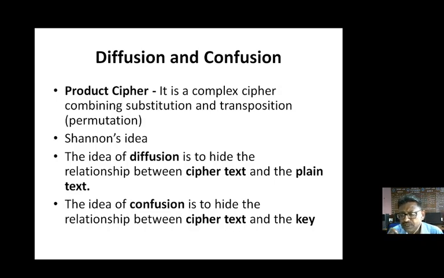Meaning thereby, if there is a change in one key bit, it is going to change many bits of the ciphertext, so that is creating a confusion. So diffusion hides the relationship between the ciphertext and the plain text, and confusion is going to hide the relationship between ciphertext and the keys.